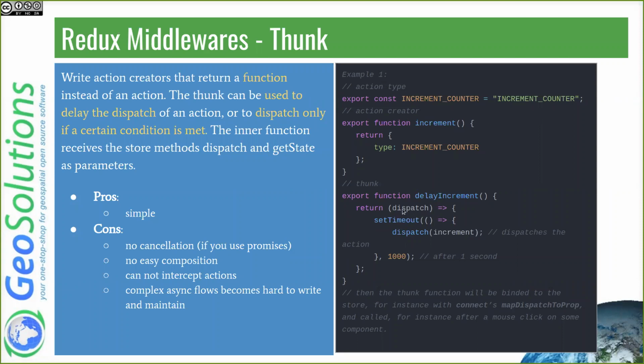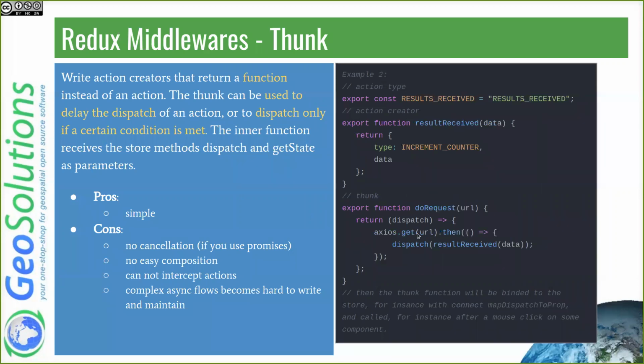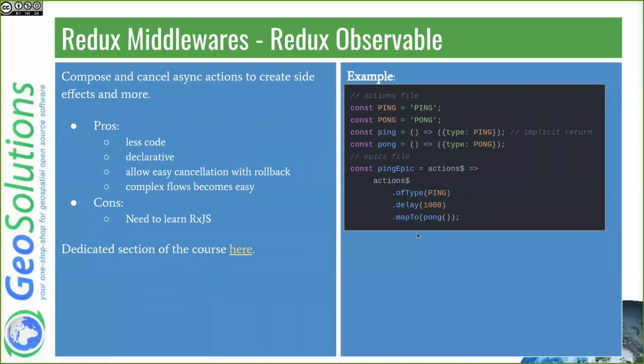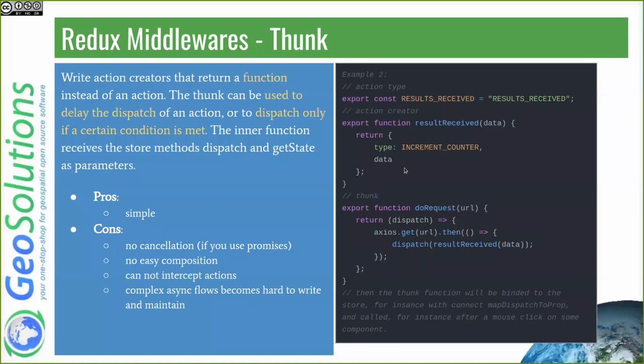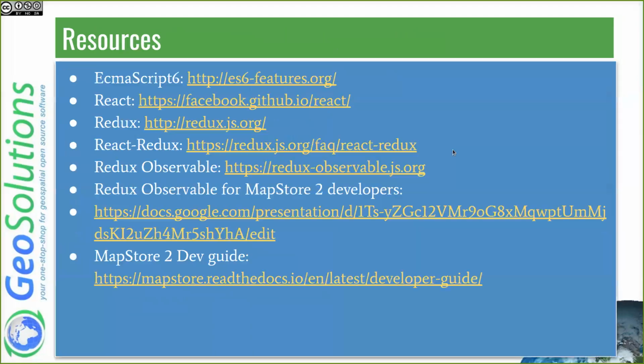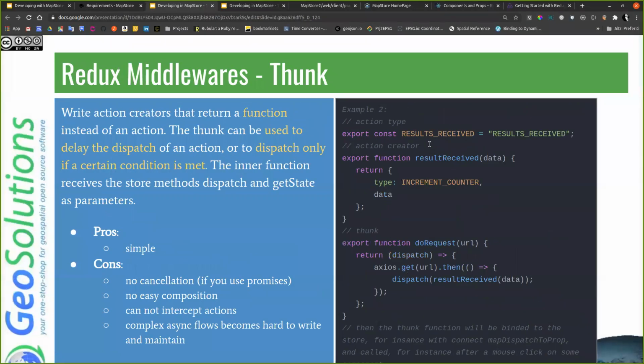So here I have an action. I can define an action that allows me to update the result. I also have an action, sorry, I misspelled this one: result received.